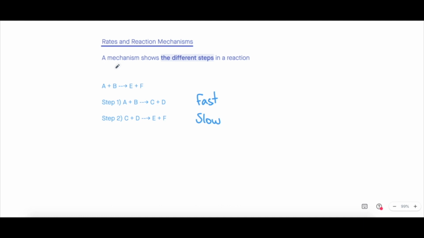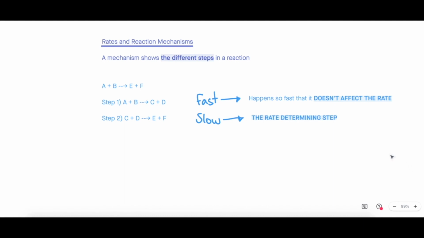So when this reaction occurs, much more time is spent in step 2 compared to step 1. So the rate is determined more by what happens in step 2 than step 1. And we assume that step 1 is negligibly fast, that it happens so fast that it doesn't affect the rate. But for the slow step, you assume that the whole reaction is happening in the slow step. So we call this the rate determining step.